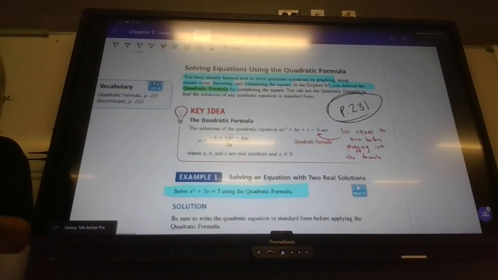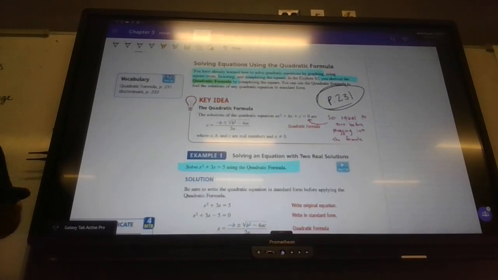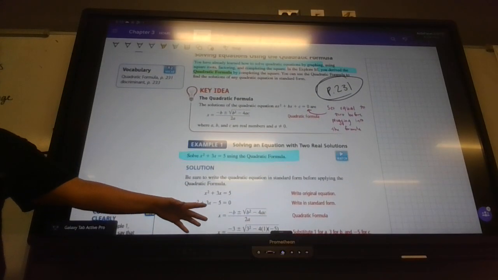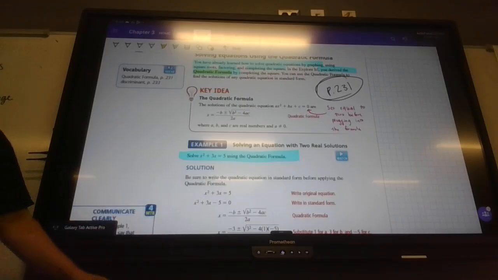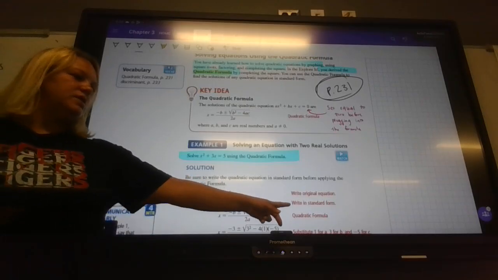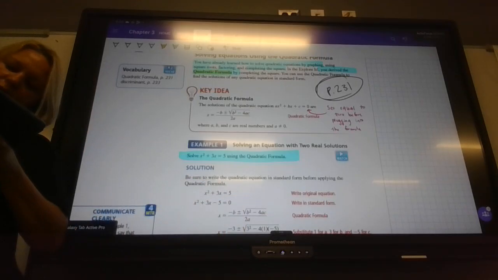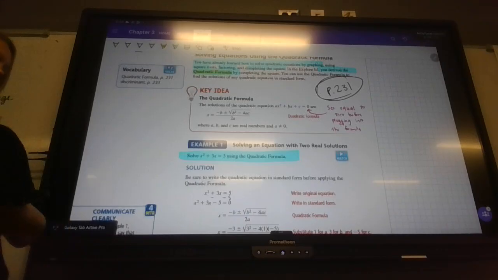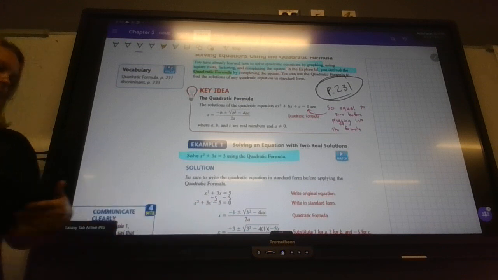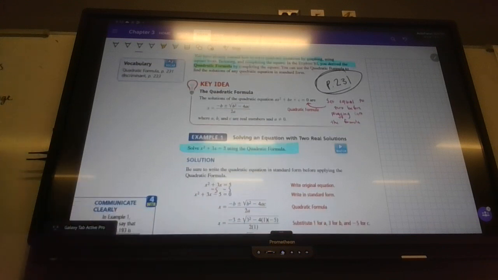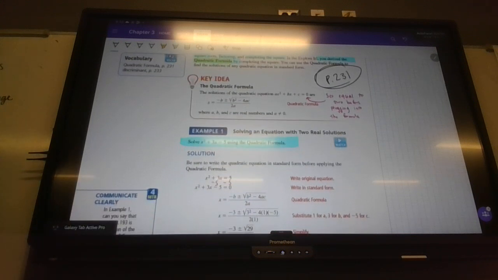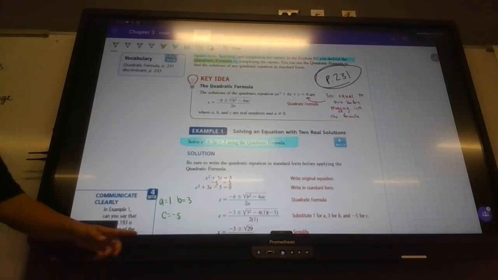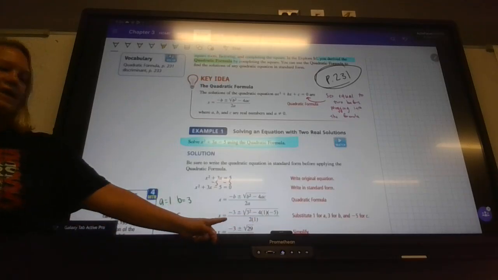So there's a nice example here, example 1. Of course, your book doesn't really show all of the steps. From the original equation, notice that they say write in standard form. If you want to show the work here, what they've done is subtract 5 on both sides. And then you make a list. In this equation, a equals 1, b equals 3, c equals -5. Notice there's no x in here.